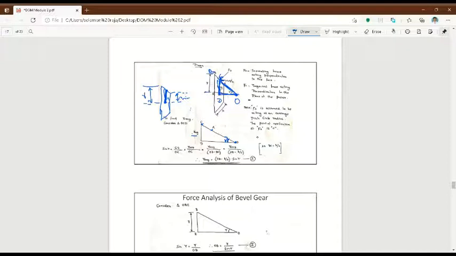BC means this breadth, this distance, divided by 2. So finally, I will get average radius of pinion equal to OB minus B by 2 into sine gamma. R average equals OB minus B by 2 into sine gamma.